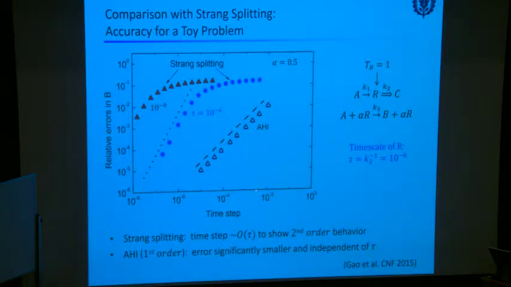But if we keep on reducing the time step, even to this regime, the error is still quite large. So this is a plateau here. So that means you have to reduce your time step to somewhere, you see, it starts to fall. In this regime, do you know what this time step is? This time step is comparable to the time scale of R, the radical time scale. So that means you have to reduce your time step till the problem is no longer stiff.